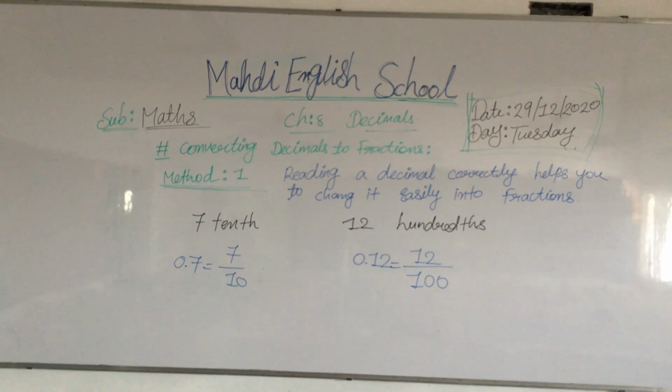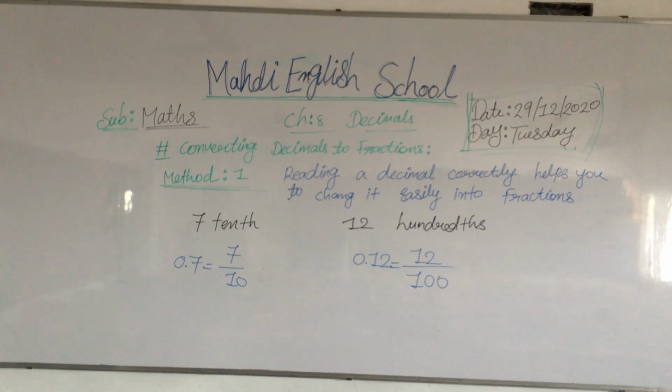Got my point, my dear students? We are going to learn as like that. So 0.7, first of all it's a decimal, it's a decimal point, my dear students, and we have to convert as like that.